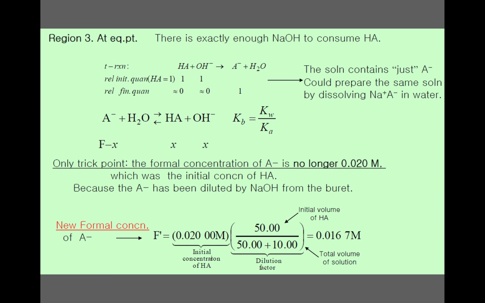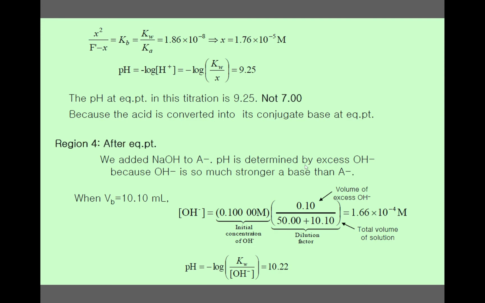And we divide by the volume. Since 10 ml of hydroxide was added, the total volume now becomes 50 plus 10, which is 60. So 1 divided by 60 gives you 0.0167 molar. That's the anion concentration at the equivalence point. So F is 0.0167, and we solve this equation.